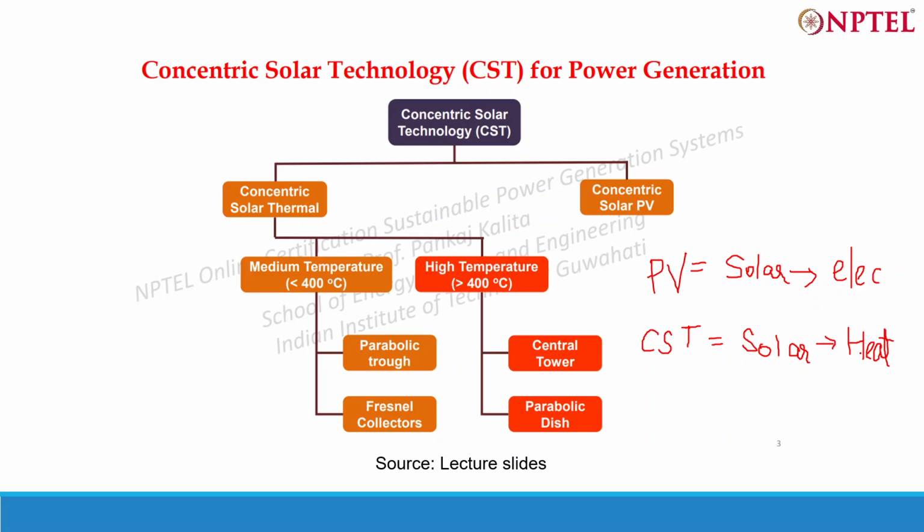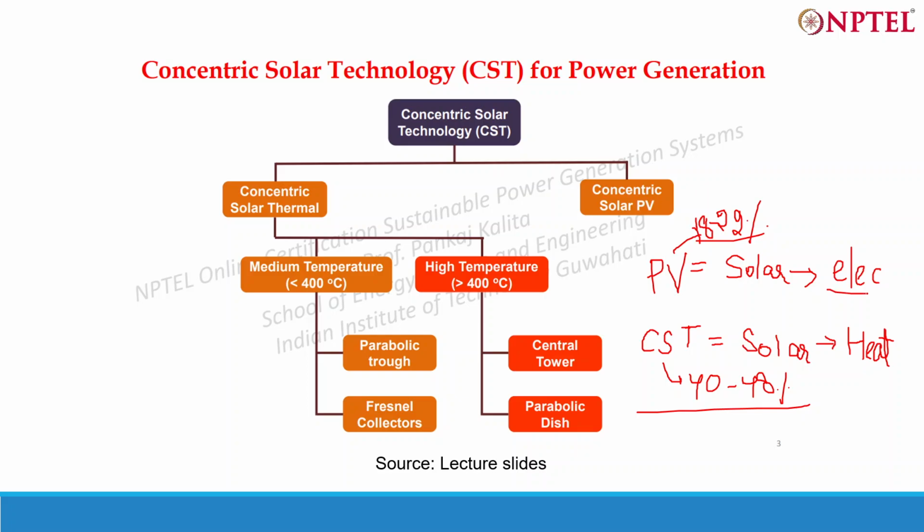If I compare these two systems, they are actually different systems. PV has an average efficiency of 18 to 22%, and CST is much more efficient, 40 to 48%, you can take 44% as an average. But one thing is a catch here.